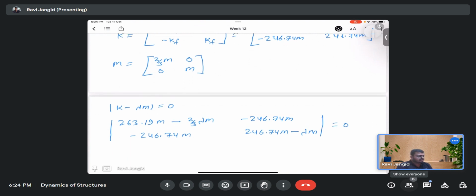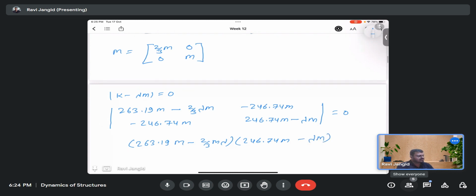Okay, if you do that, 263.19 M minus 2 by 3 M lambda, into 246.74 M minus lambda M, minus 246.74 square M square is equal to 0.